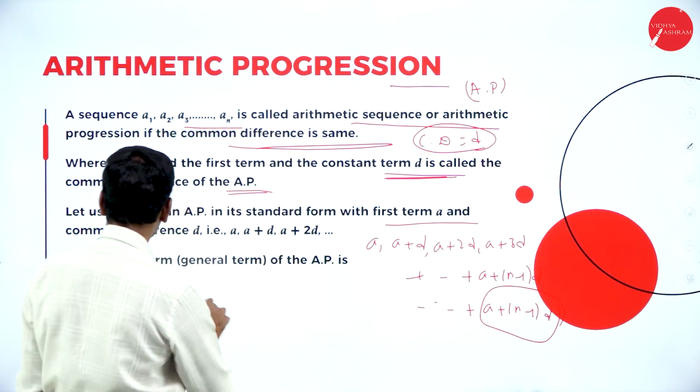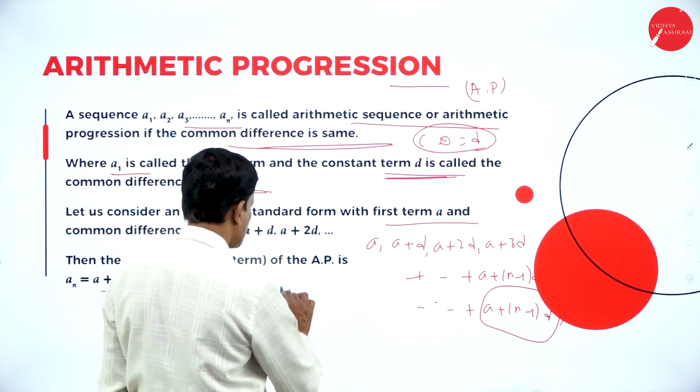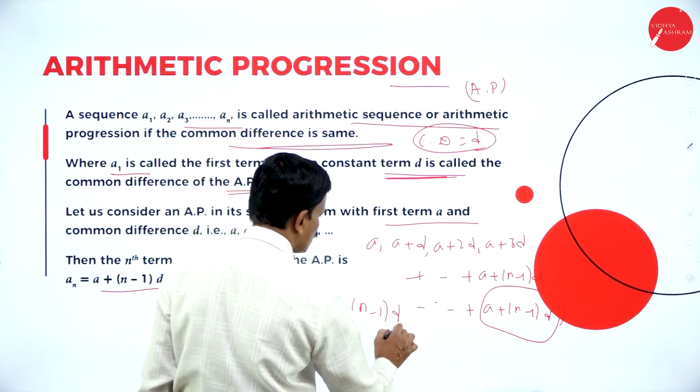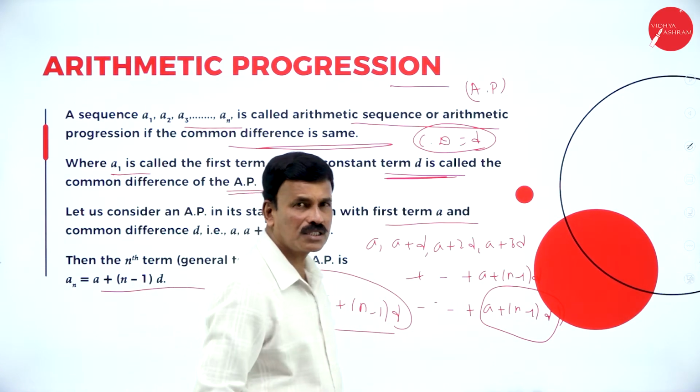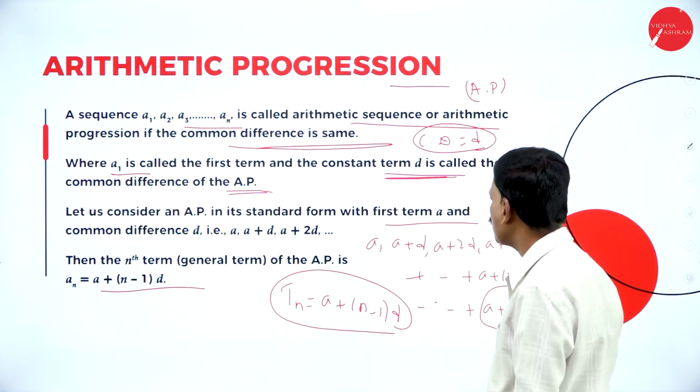The nth term of an arithmetical progression is denoted as Tn is equal to A plus N minus 1 into D.